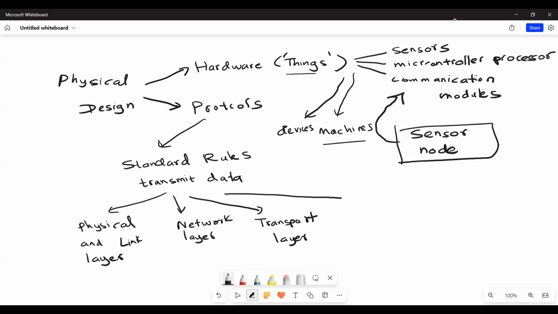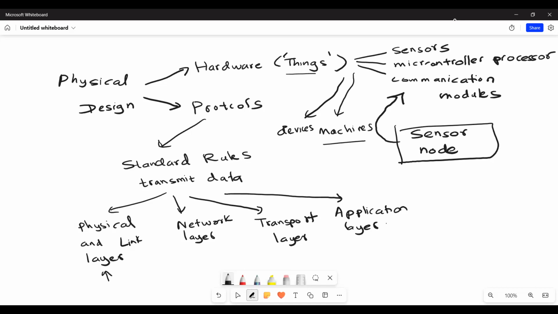So we can divide the layers and talk about the protocols that we are using under each layer. For IoT applications, we have specific protocols that we will be using under the physical and link layer, network layer, transport layer, application layer, and so on.